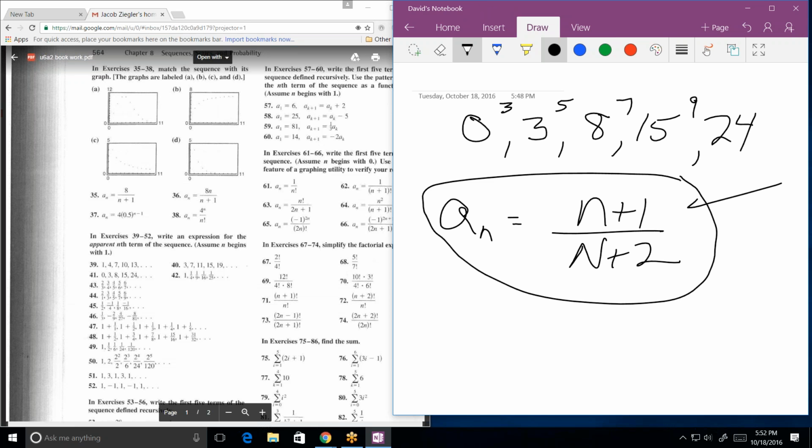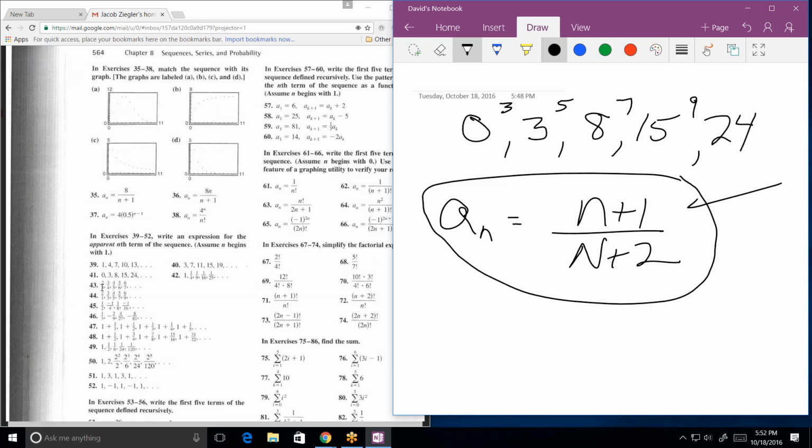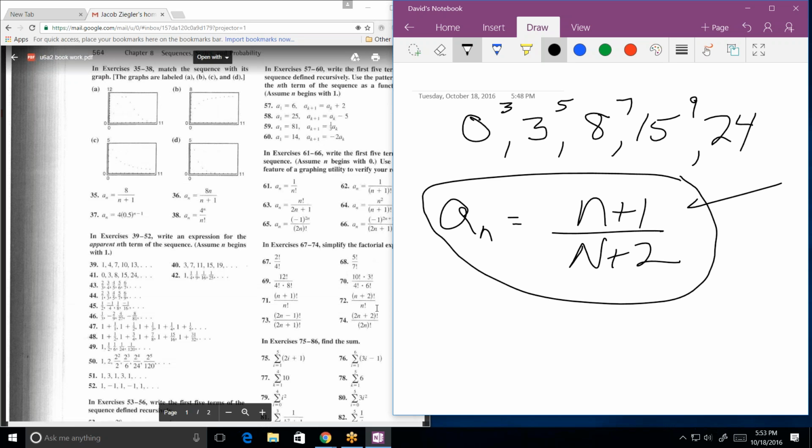Yeah. 43 is actually pretty easy to do because the numerators go 2, 3, 4, 5, 6, and the denominators go 3, 4, 5, 6, 7. So it's easy enough to figure out that 43 has to be this. The numerator has to be 1 less than the denominator, and the first term has to be 2. So it has to start like this.